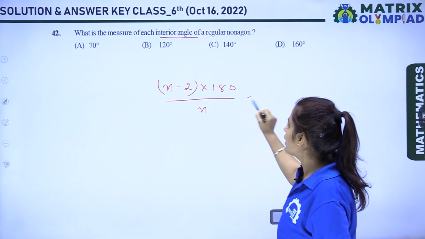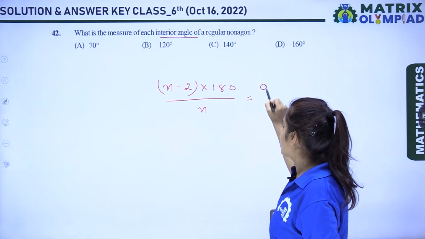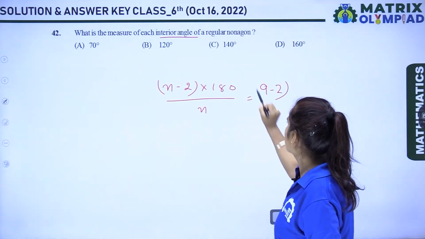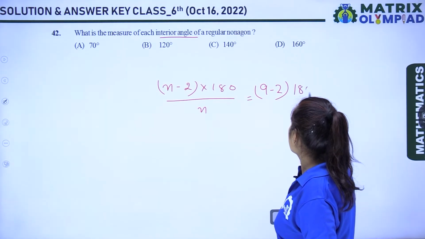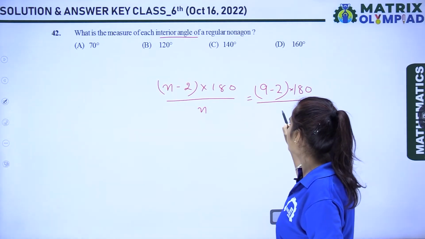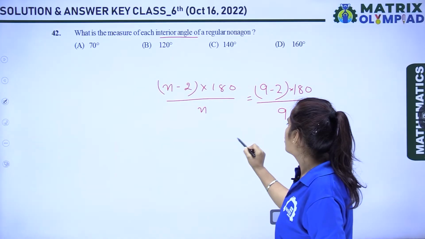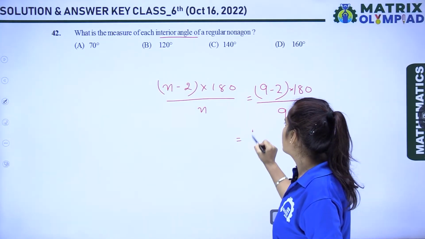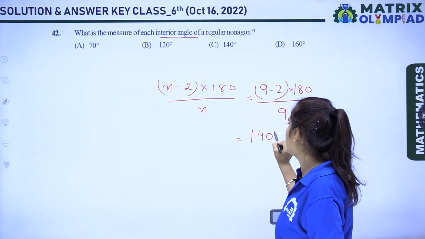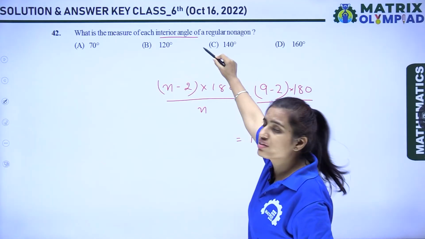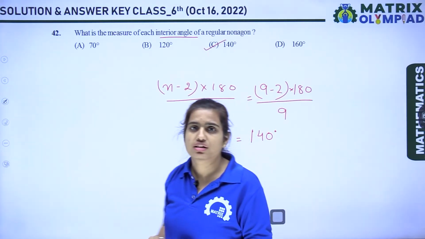So here we have n is 9, (9 minus 2) multiplied by 180 divided by 9. After calculating, we will get 140 degrees. So option C is the correct answer.